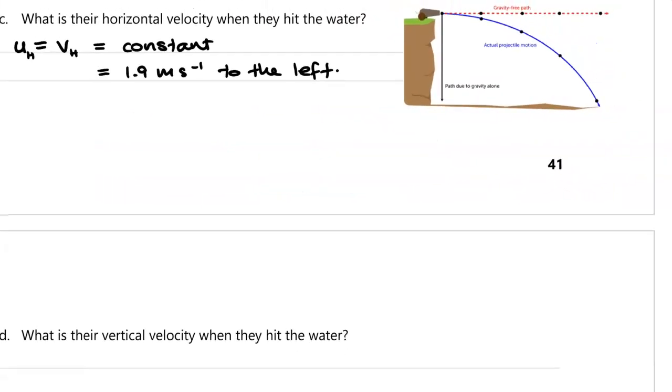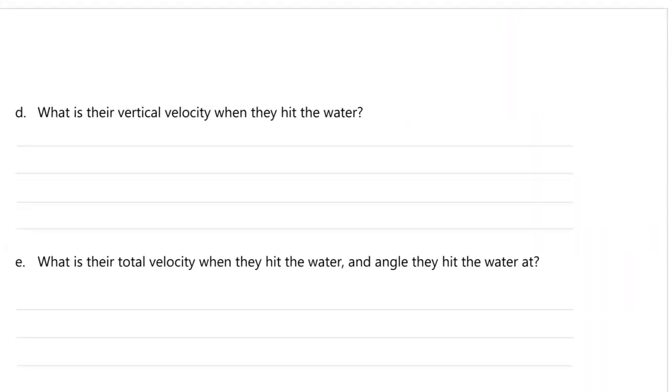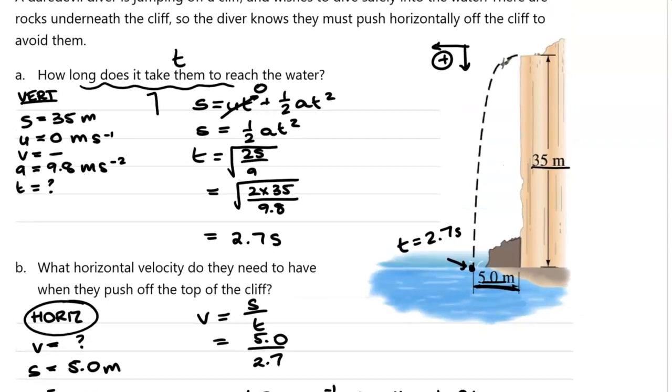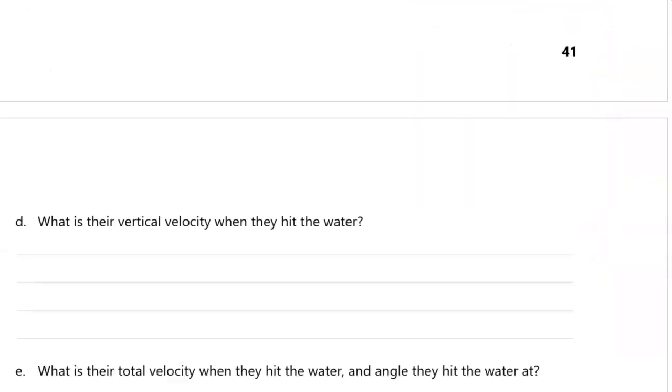Okay, let's look at the next bit. It says, what is their vertical velocity when they hit the water? Okay, so our final point is going to be at the water again, and we're really using this information another time. So let's write that down over here.